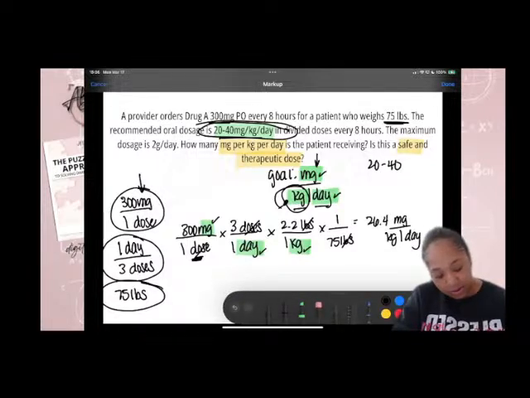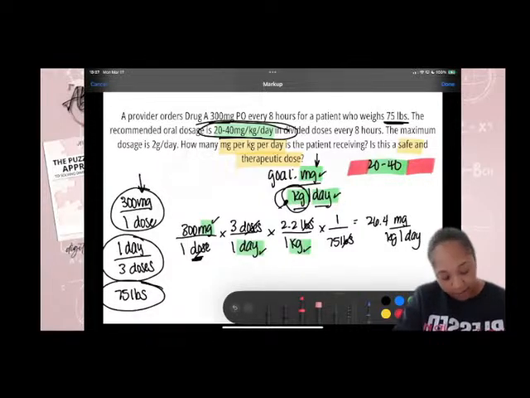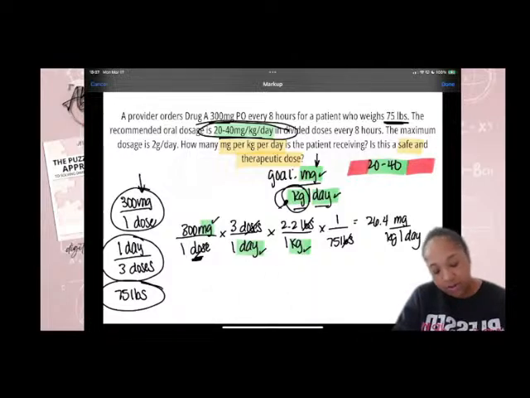So that's the green part. Anything less than 20, anything more than 40 is not safe, okay? So we have 26.4 milligrams per kilogram per day.